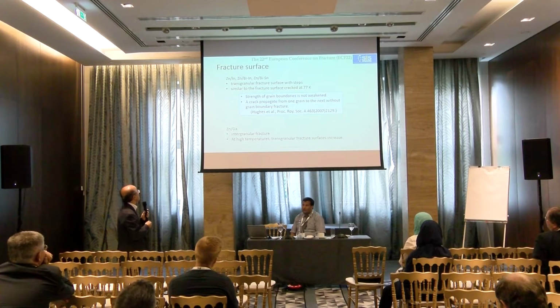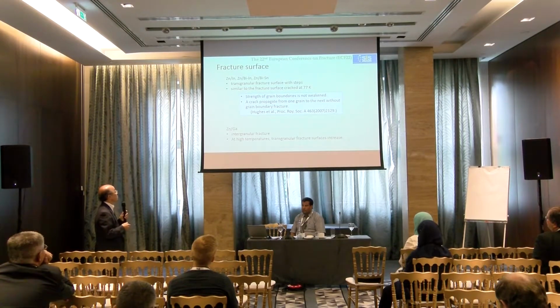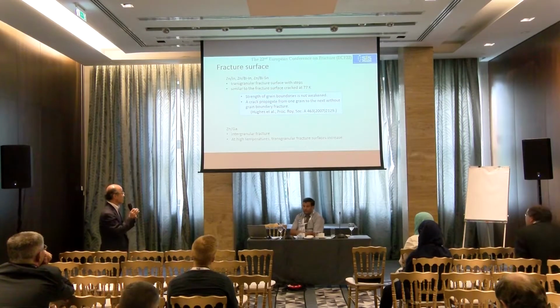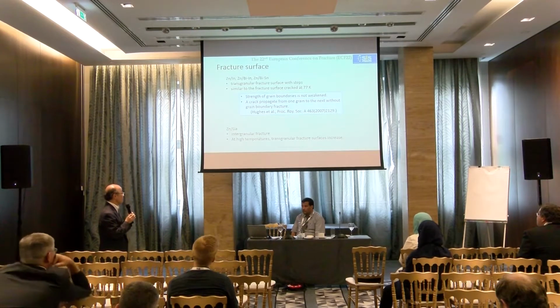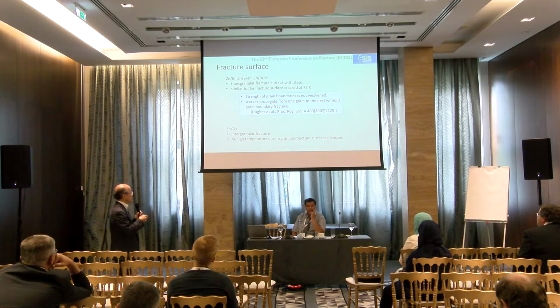So in this case, similarly, the fracture propagates from one grain to the next without breaking the grain boundary. So the strength of the grain boundary is still strong. But in the case of gallium, intergranular fracture occurs, and the strength of the grain boundary is very low.